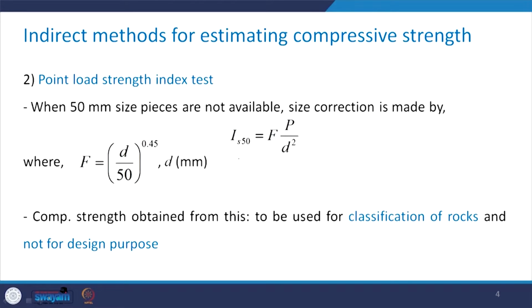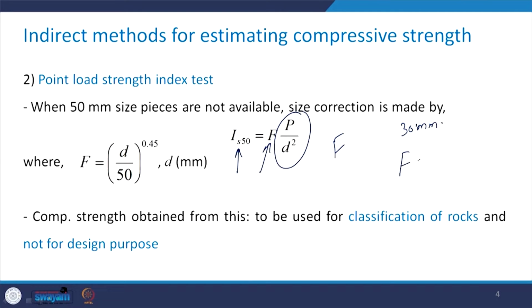The corrected index is defined as you have to multiply the P by D square term with a factor capital F, which is defined as diameter divided by 50 to the power 0.45, where the diameter is in millimeter. So, let us say that I have conducted the test at 30 mm diameter of the specimen.